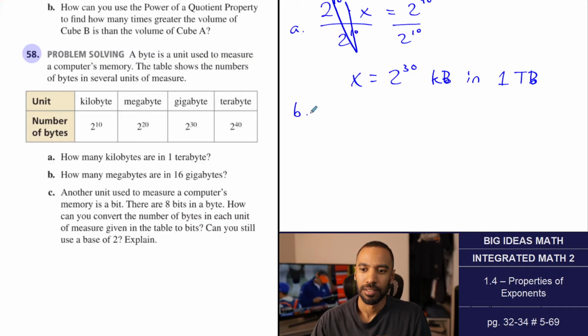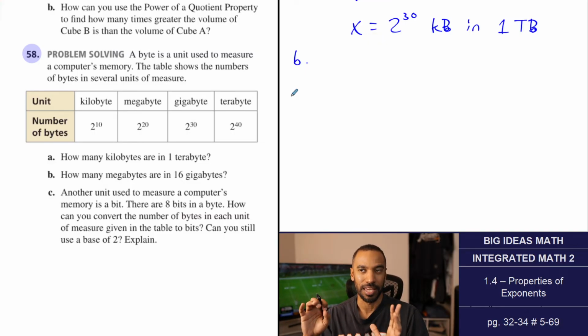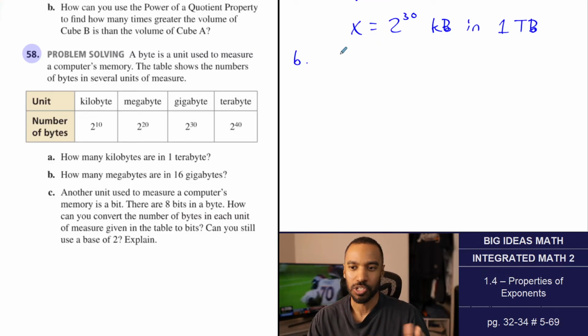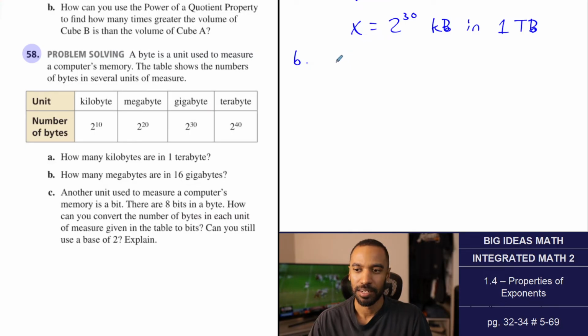B, how many megabytes are in 16 gigabytes? I think it's best to just keep doing the algebraic version so you're not confused about where something goes. We want to know if you take a megabyte, 2 to the 20th, and multiply it by a certain amount to get 16 gigabytes, then you can solve for x that way as well.